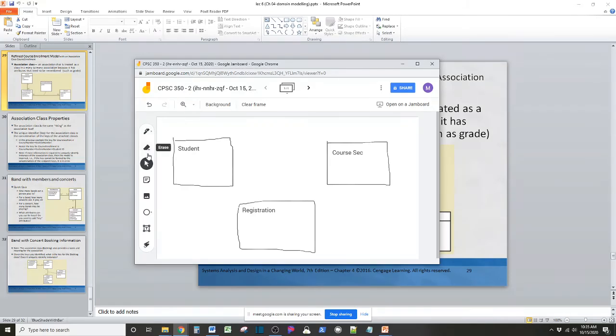So what happens is you now have this linking entity that you've created out of nothing that now says a student can register many times, but a single registration refers only to one student, and a course section can be part of many registrations, but a single registration is only referring to one course section.